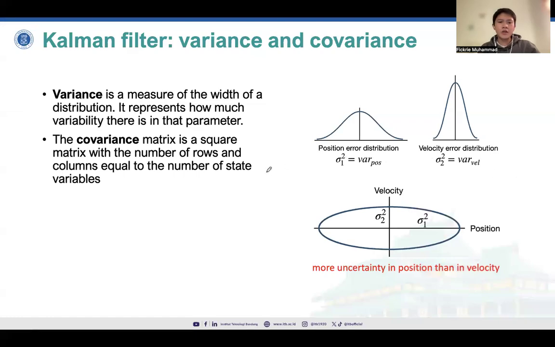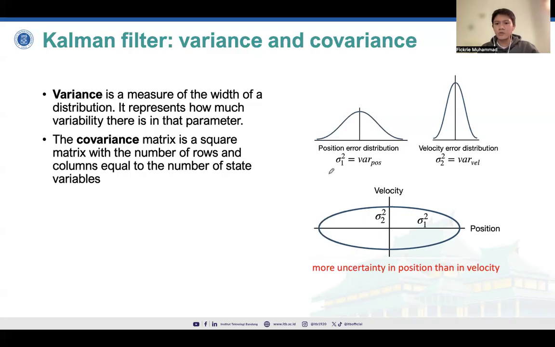We were talking a lot about uncertainty previously, right? So our uncertainty in this case is described by the variance and covariance. The variance is the measure of the width of distributions, like for example here, the position error distribution and the velocity error distribution.